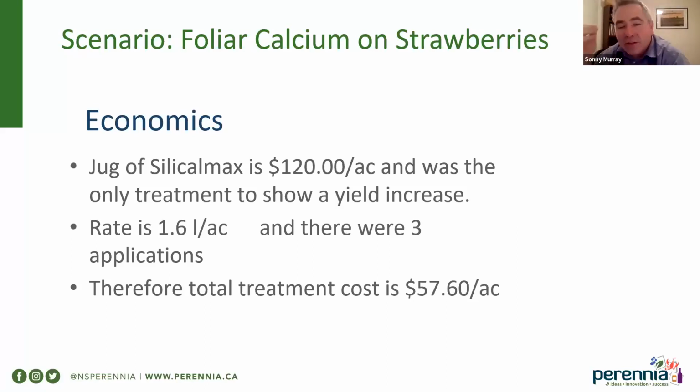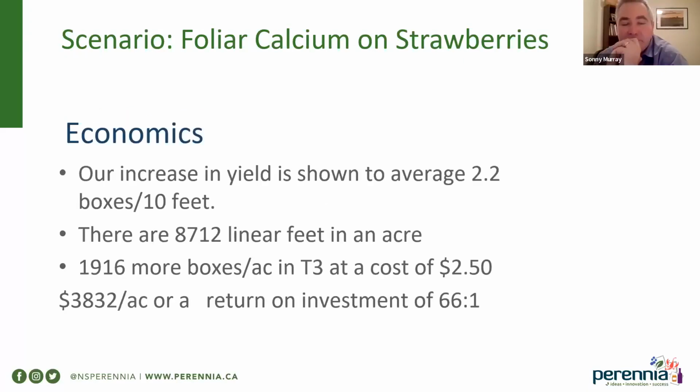That doesn't include our application costs in this case, because we're going to be spraying it anyway, right? We're putting our insecticides, fungicides, just putting this on top of a treatment that we're already doing. So I didn't put the cost of the spray trip in there in this case.